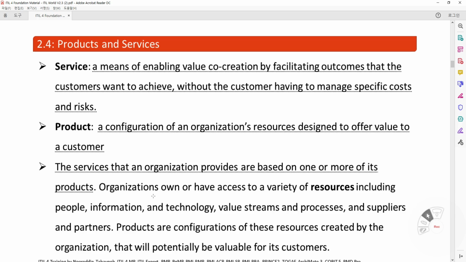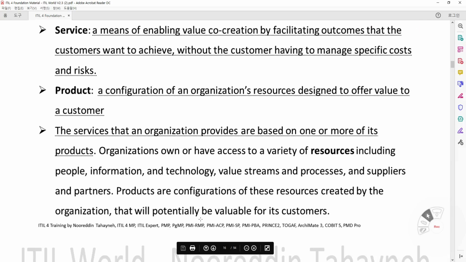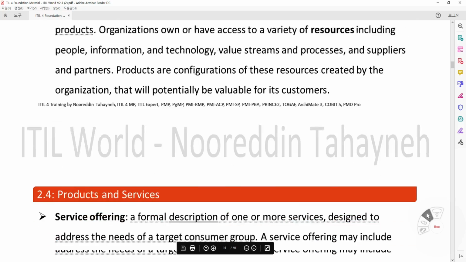Organizations own or have access to a variety of resources, including people, information, and technology, value streams and processes, and suppliers and partners. Products are configurations of resources created by the organization that will potentially be valuable for each customer.